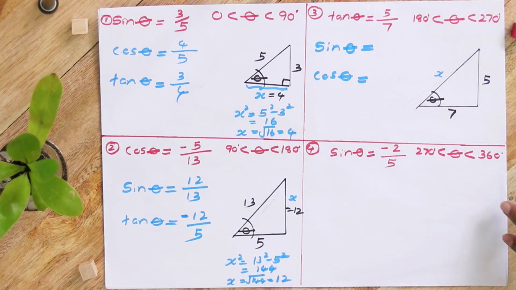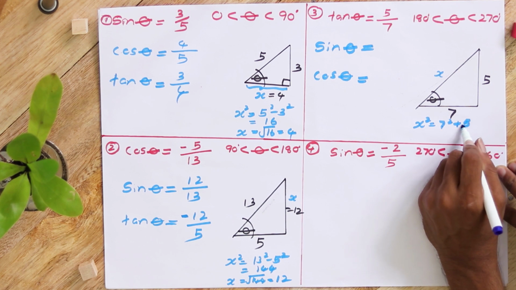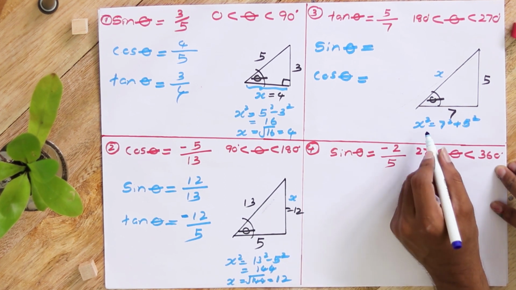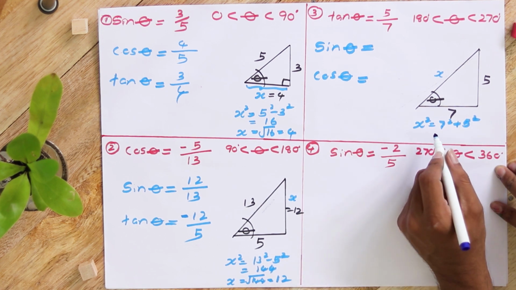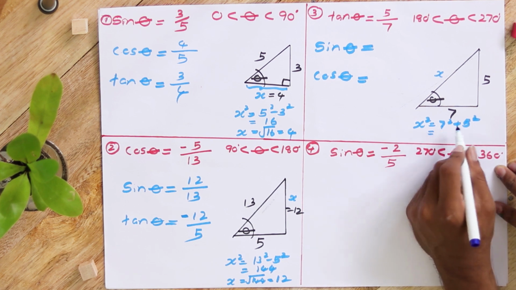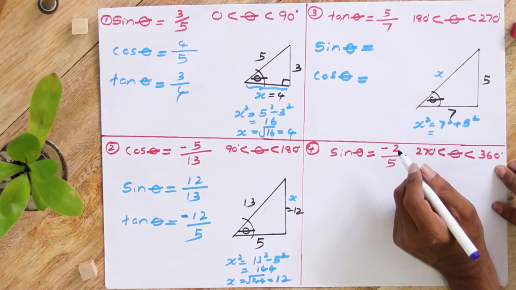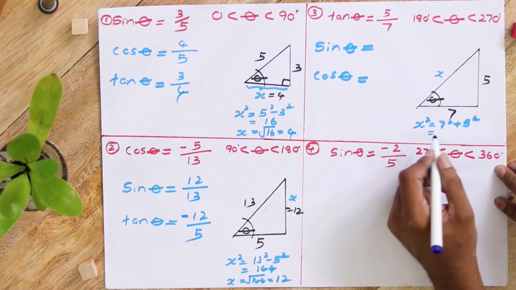So if you remember, x square equals 7 square plus 5 square. Now in the previous two questions we had nice answers, but now here these are not simplifying. So 7 square is 49, 5 square is 25, so 49 plus 25 will be 74.